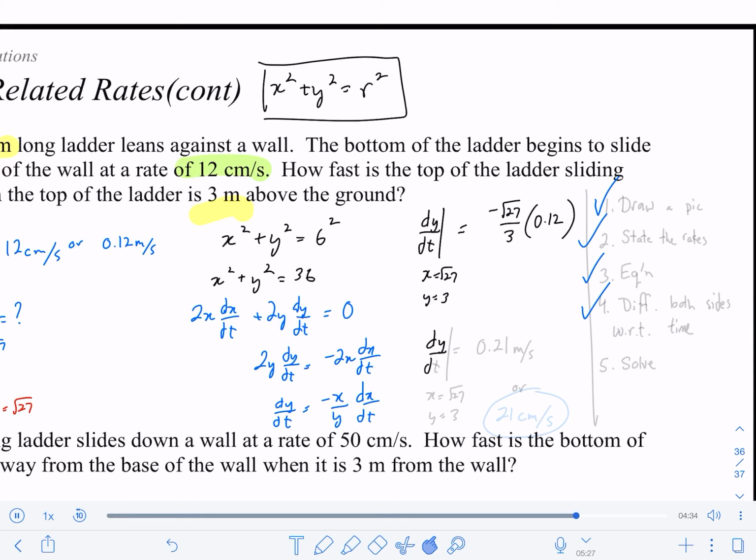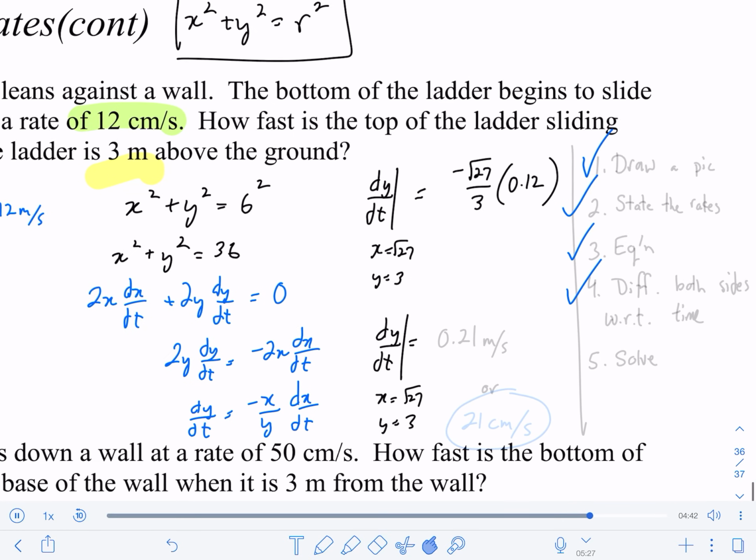So dy/dt when x is root 27 and y is 3 is, if I plug that into my calculator, I get negative 0.21 meters per second, or negative 21 centimeters per second.